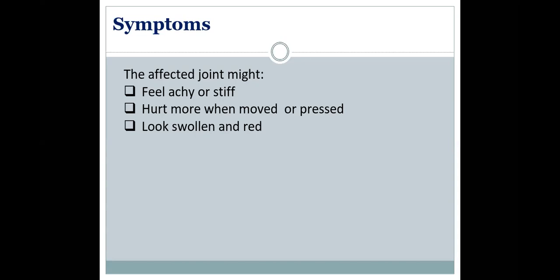Stiffness means the movement will be very difficult, and it hurts more when moved or pressed. When the joints are moved in the area where the inflammation has occurred, it will hurt more. Pain intensity might increase when moved or pressed, and the area looks swollen and red.